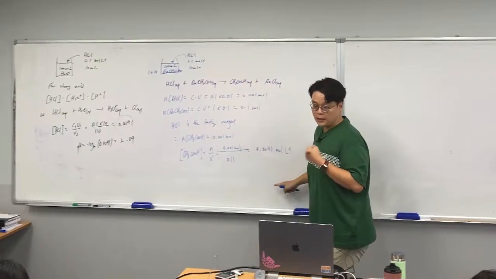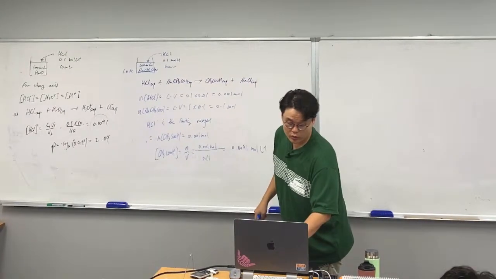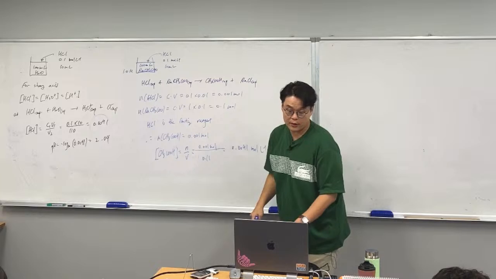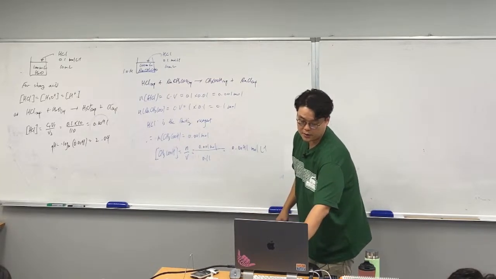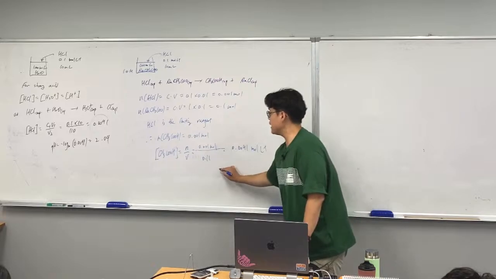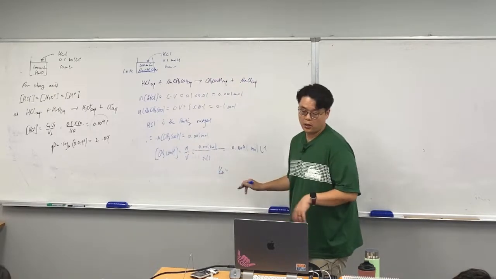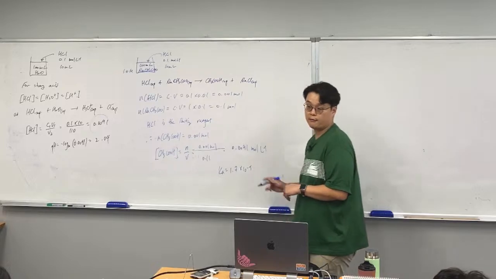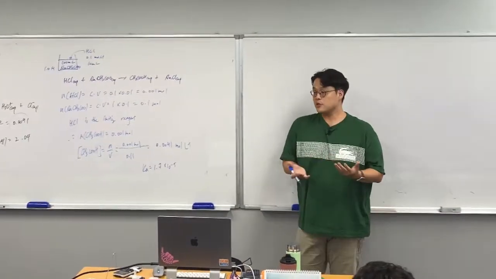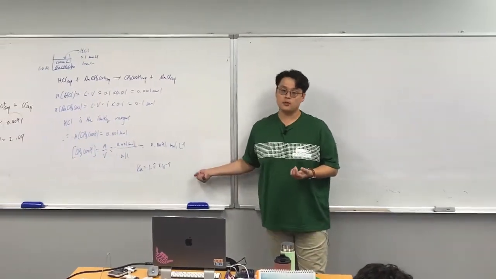Then let's use the Ka value of that acetic acid that we're given. Where is it? Acetic acid. This has a Ka given as 1.7 times 10 to the power minus 5. Then ask the same question. Can you find the pH of this?